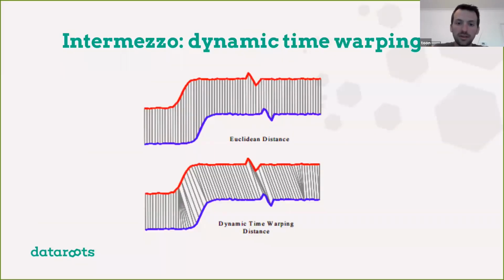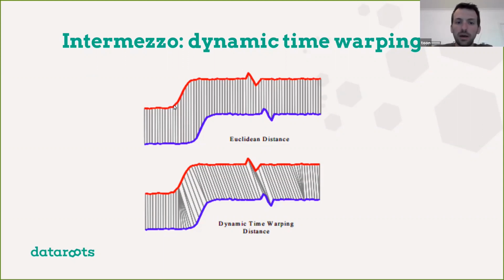But before we do that, I still want to make the remark that, now we are using time series data, so we will not use a standard Euclidean distance, but a distance measure that is more appropriate, namely the dynamic time warping distance. If you're not familiar with this dynamic time warping distance, it's very briefly illustrated here in the figure.